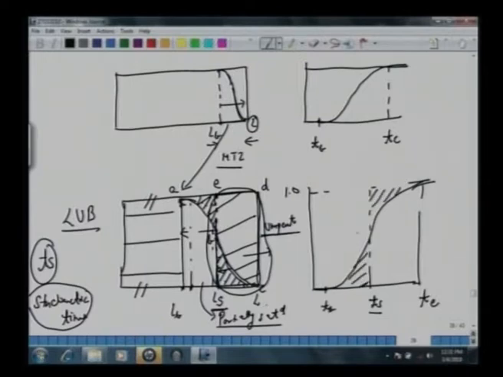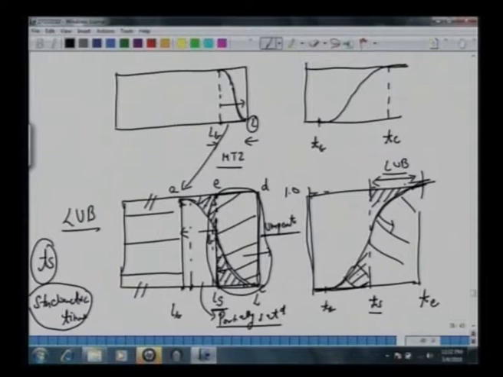So if we define Te, when the concentration level has reached 1, the total area will represent the amount of solute which has been adsorbed, and the area underneath this curve is totally unused. Similarly here also, the way we say that this area can be brought here, this area can also be brought here. So this will also be equivalent to this LUB, the length of unutilized bed.